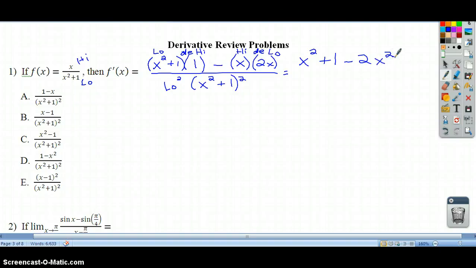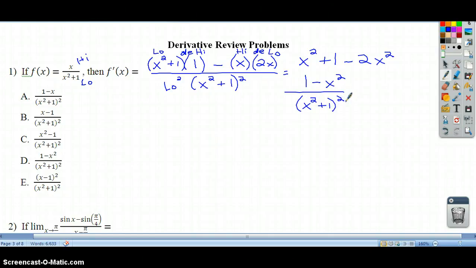I'm not going to write the denominator because this thing just goes too slow. All right, so same denominator, and I can tell that what I'm going to get here is a 1 minus x squared. I'll have a negative x squared, so that'll be that, and I'll be left with all over x squared plus 1 squared.